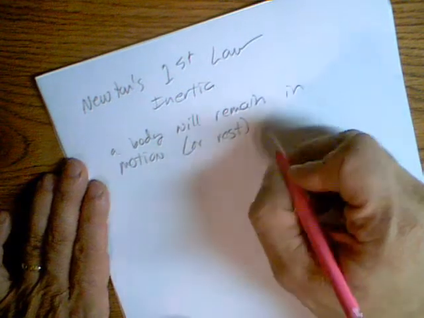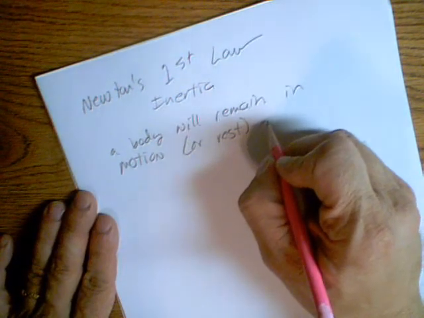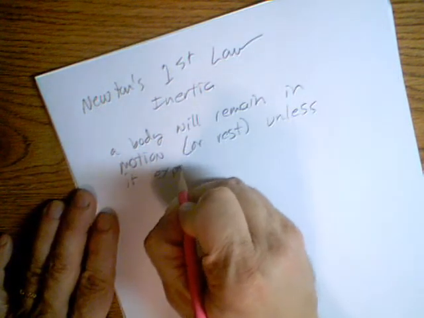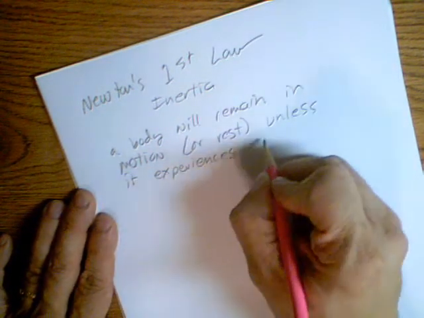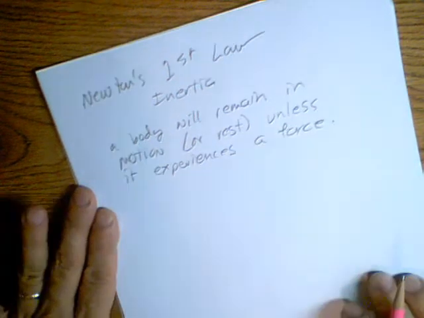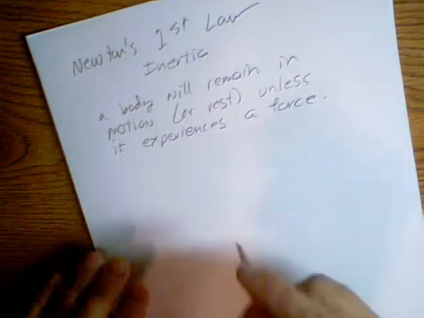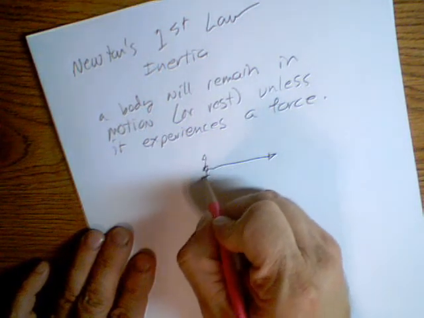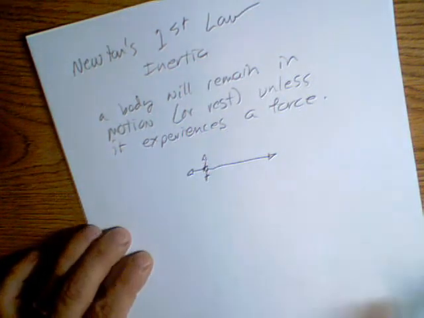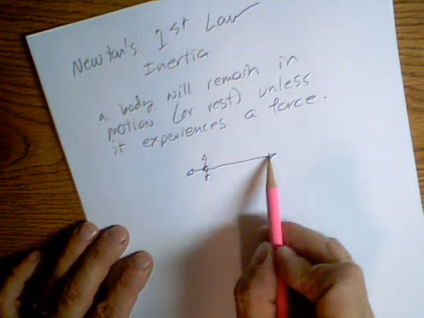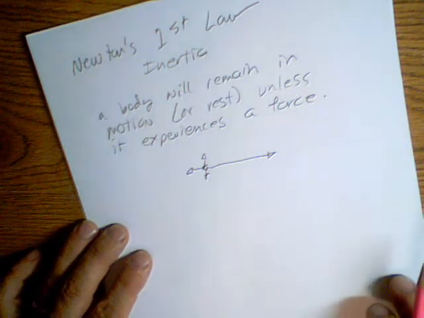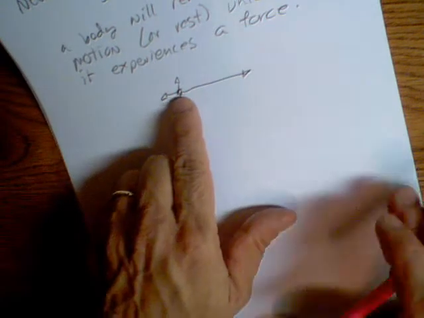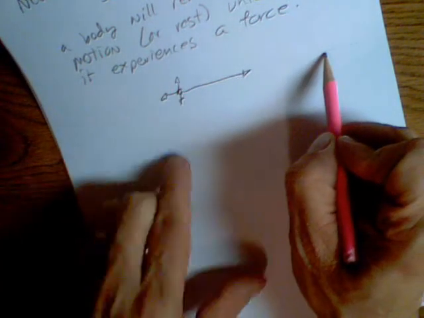We mostly focus on rest, but it will remain in motion unless it experiences a force. All right? So a meteor will just keep traveling until it experiences another force. So this, of course, this force vector is a lot greater, so this is moving in this direction. The sum of the forces acting on an object is called the net force. So the net force, of course, in this case would be this direction.